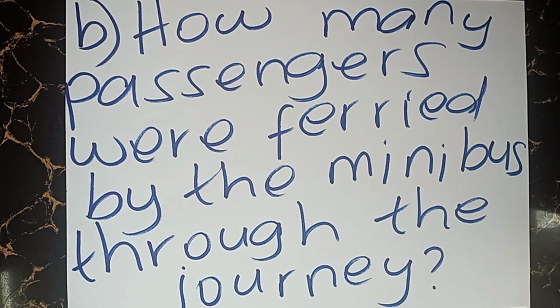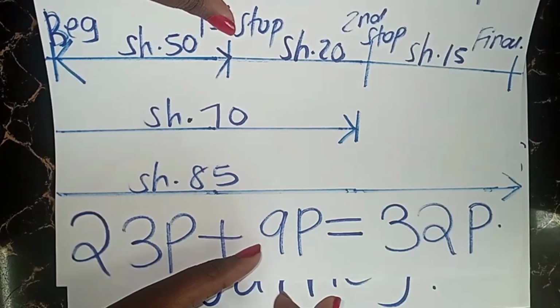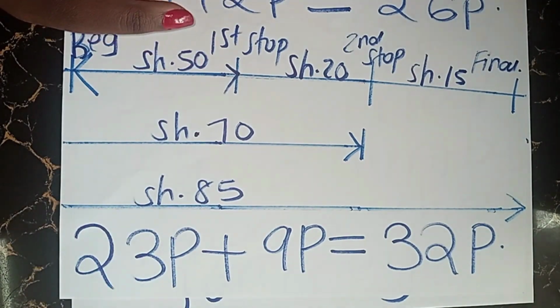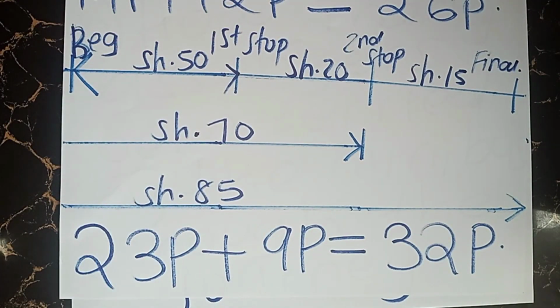So at the first stop, 9 passengers boarded the bus, so we'll add this 9 to the 23 passengers that were in the bus at the beginning of the journey, okay? So when you do that, we get 23 plus 9 is 32 passengers, okay? So at the second stop, we are told that 12 passengers got in, okay?